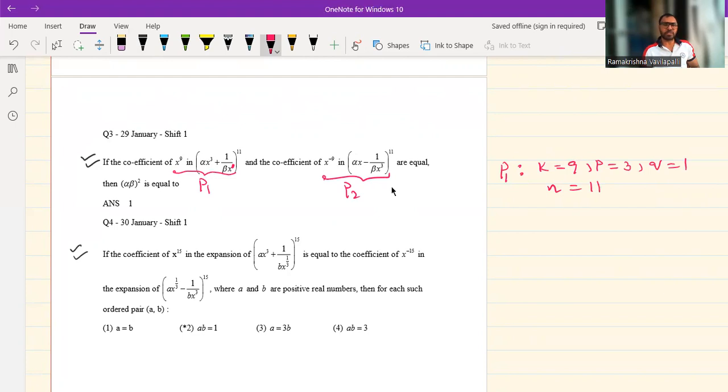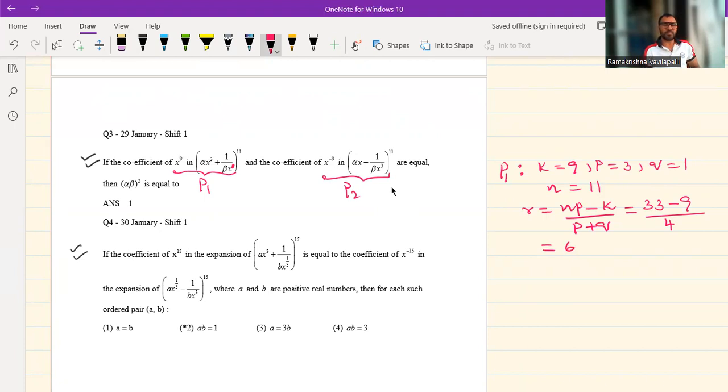So at what position will the coefficient of x power 9 exist? r equal to np minus k by p plus q. This is the formula. So this is equal to np is 33 minus k is 9, whole by p plus q is 4. Right? So this is 24 by 4. So the r value is 6.